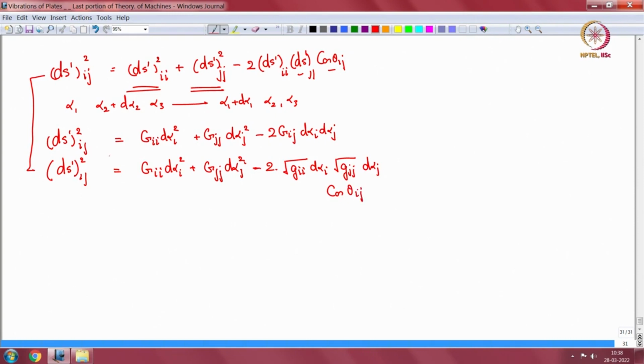So if we equate these two, this goes away with this, 2 goes away, d alpha I d alpha j goes away, and we are left with, on the left I have g I j, on the right I have root over g I root over g j j cos theta I j.